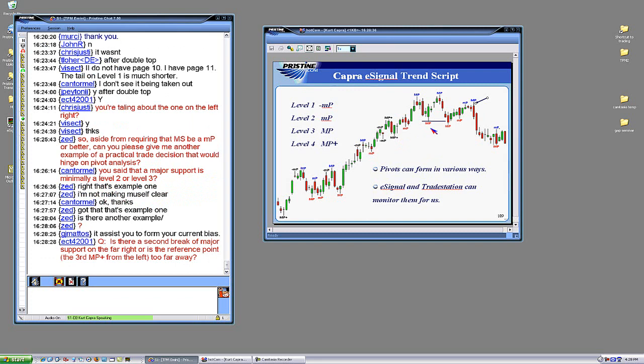So, as long as the trend is up based on our analysis of pivot levels, we're buying every pullback to major support or minor support. If we break major support, then we short the next lower high.